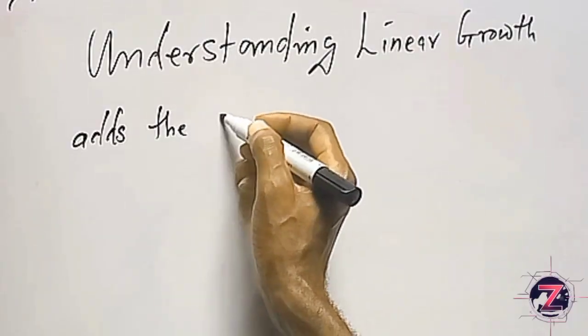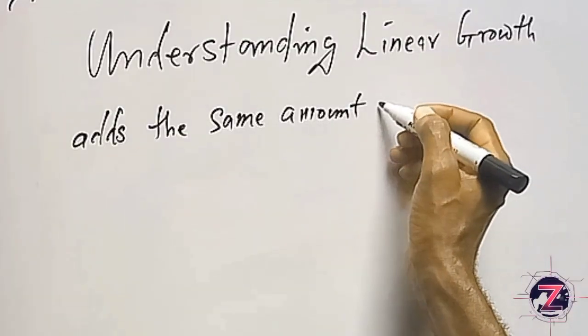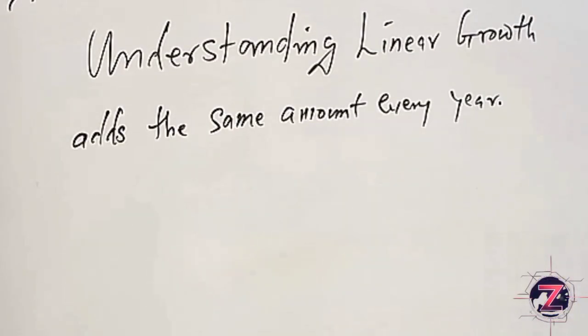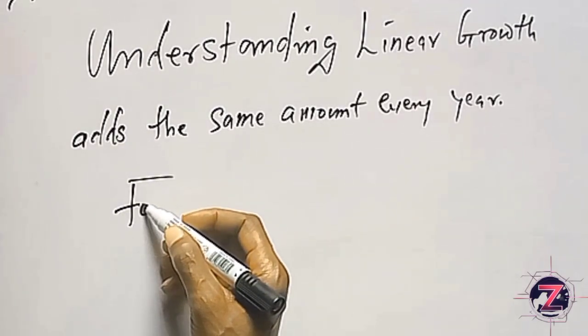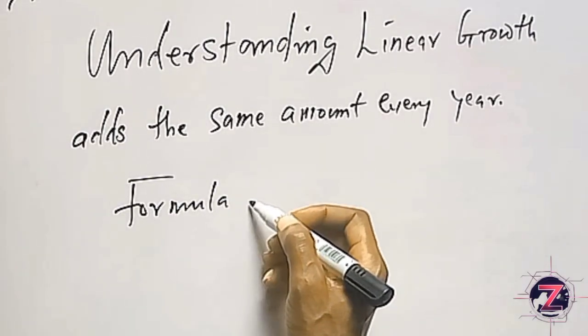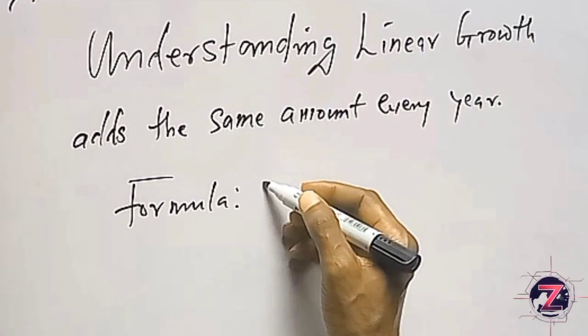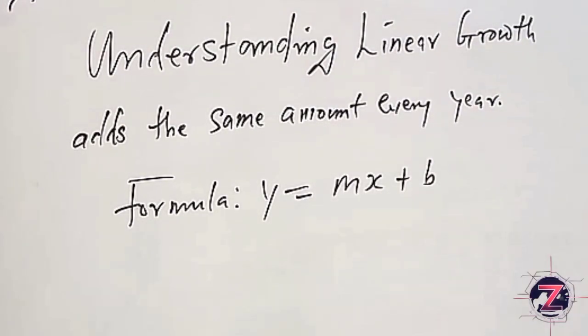The same amount it adds for the first year it will repeat in the second year, and continue with it till the end of that business investment. The growth in linear pattern is constant. The amount of interest coming in is constant.